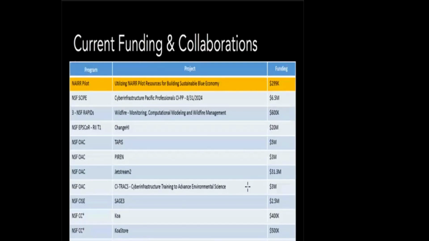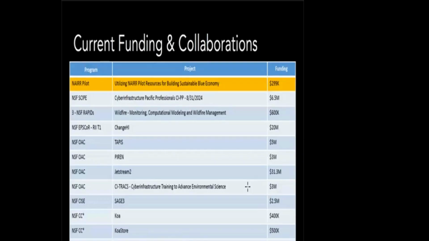We have a bunch of current funding and collaborations here. So I think the one in yellow is probably one that is maybe pending. But this pretty much lists, I think, all of the current or recent funding that RCI, and that currently Sean Cleveland, our acting director, is involved in getting.